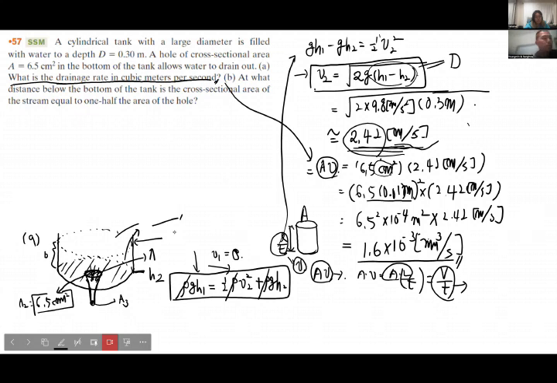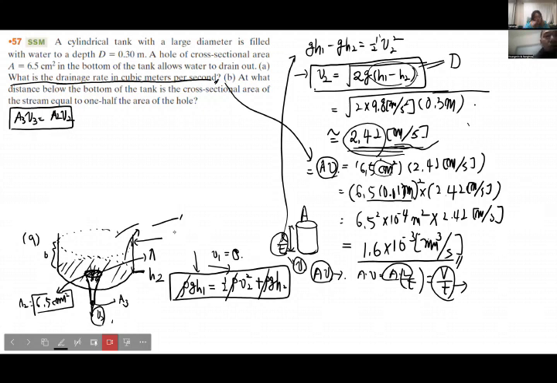So here, V3, the velocity at some distance from the bottom of the tank, is V3. You just assume that. So A3 times V3 must be the same as A2 times V2.